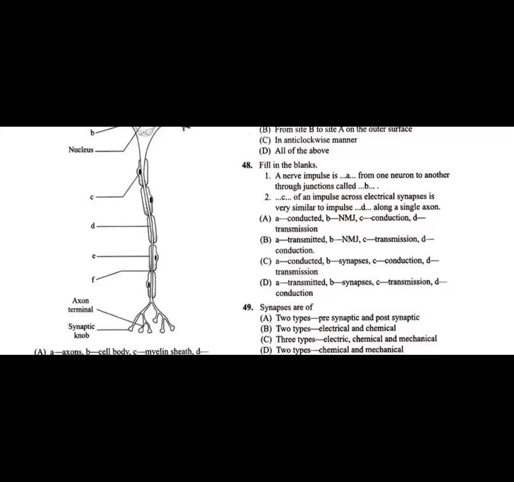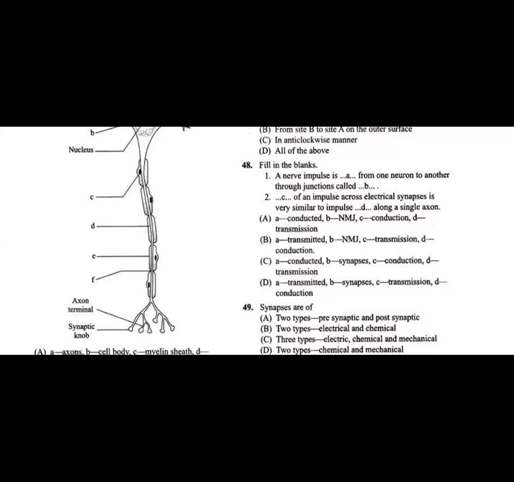The synapse is also called a neural synapse or neuro junction. Statement one reads: a neuro impulse is transmitted from one neuron to another through a junction called synapse. The second statement is: dash of an impulse across electrical synapse is very similar to impulse dash along a single axon.